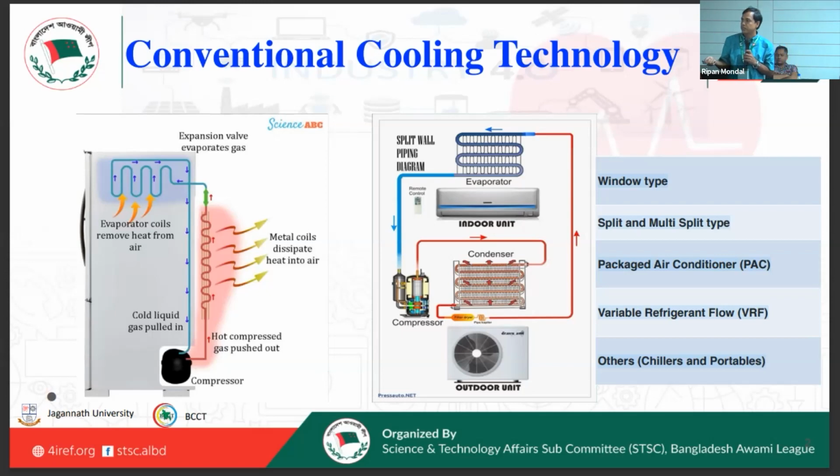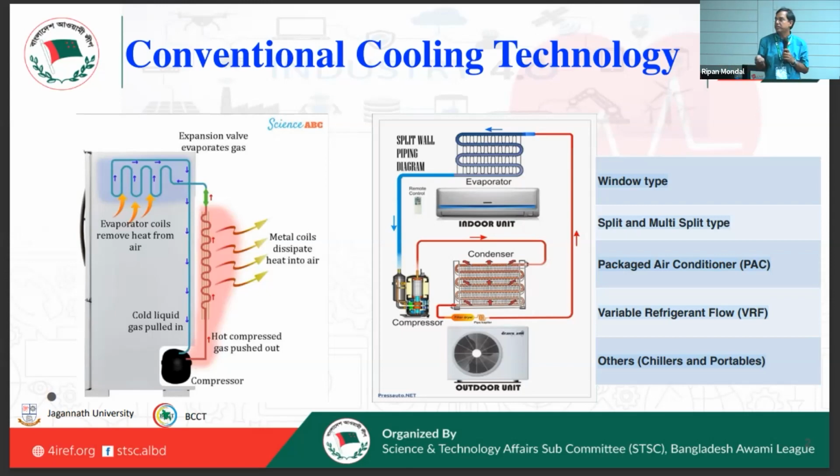This gas goes to the compressor, where it is compressed. When it is compressed, the temperature and pressure increase, and it goes to the condenser, where it condenses and becomes a liquid.